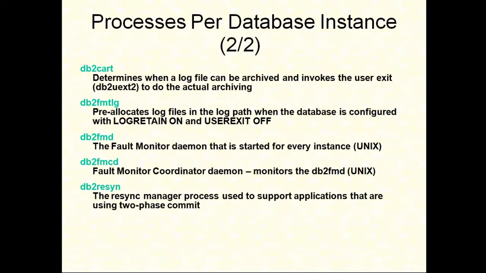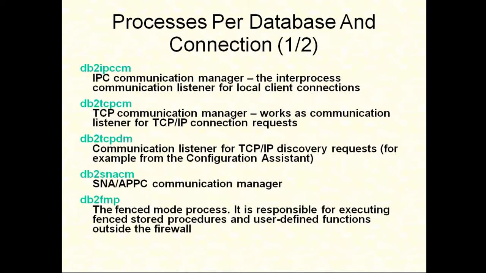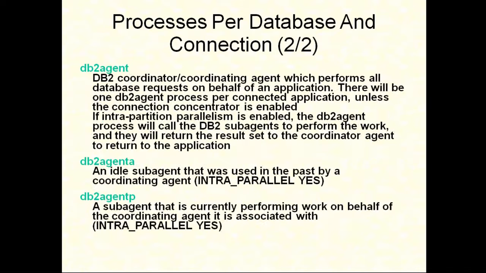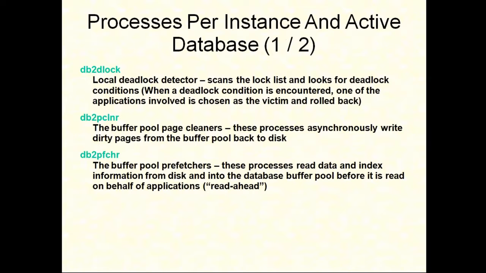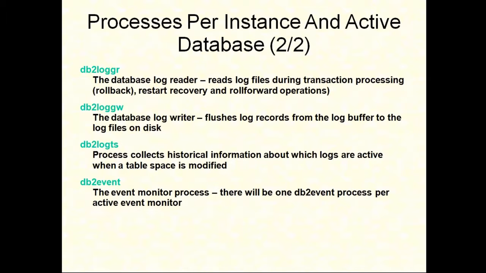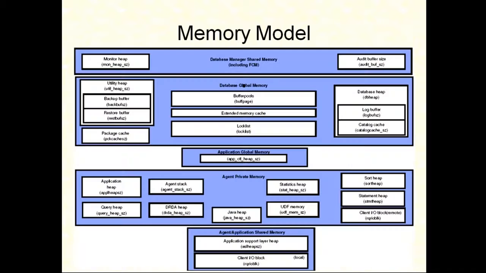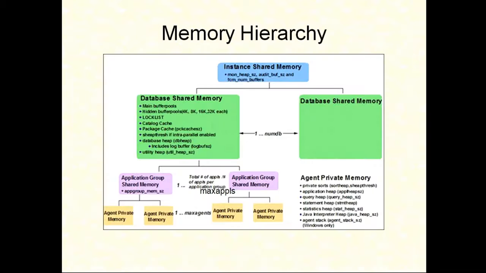Let's talk about the DB2 memory model. DB2 memory is basically divided into three main parts: the instance shared memory, the database shared memory, and the application heap.